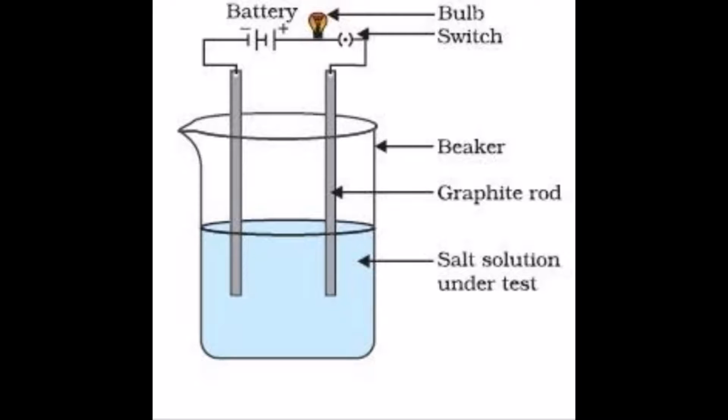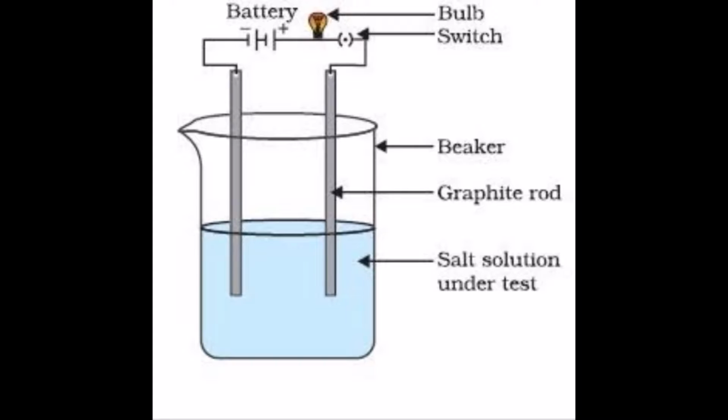Let us perform an activity to show that solutions of salts in water can conduct electricity. As we discussed in the properties of salts, salts do not conduct electricity in the solid state. However, they conduct electricity in the molten state. So let us perform an activity. For this, take a beaker and fill it half with water.